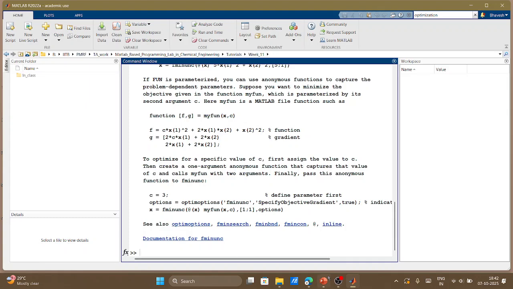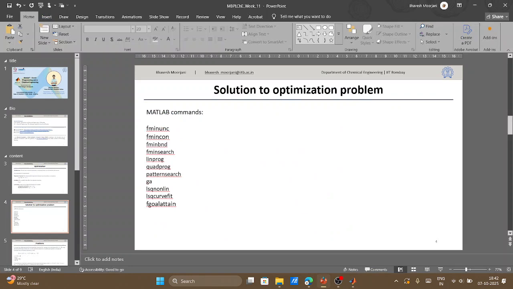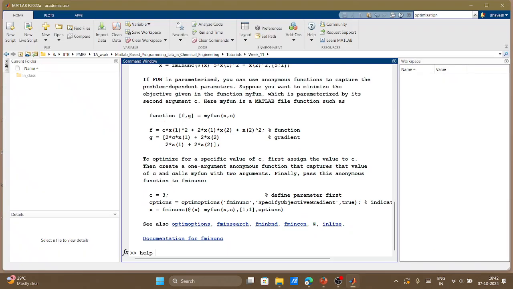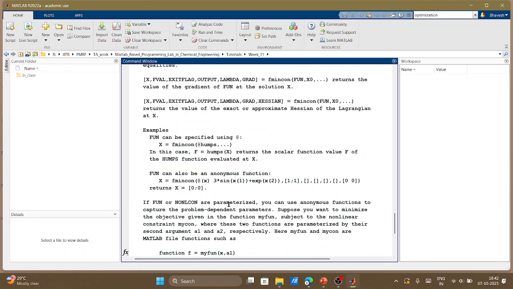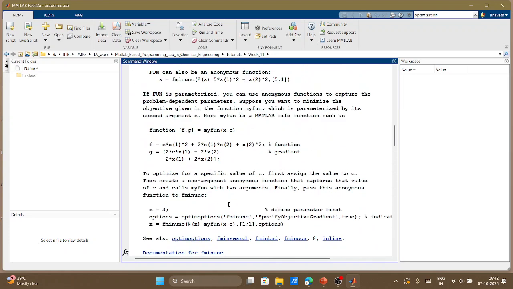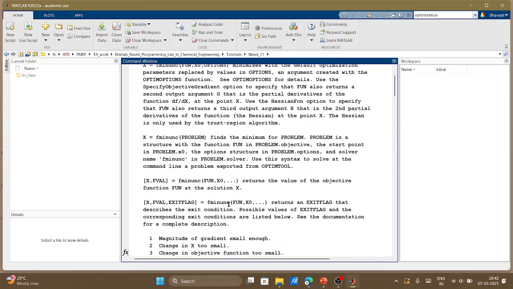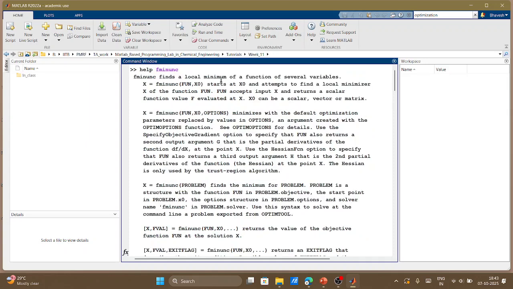Then the second option is fmincon. Help fmincon. So see the above function, fminunc, that was minimization of a multivariable function, but here we hadn't specified anything about the constraint.